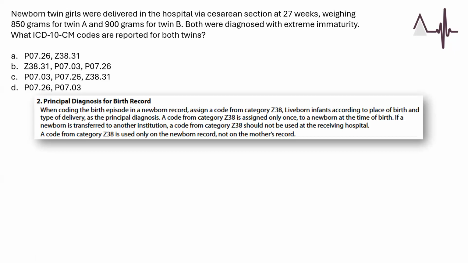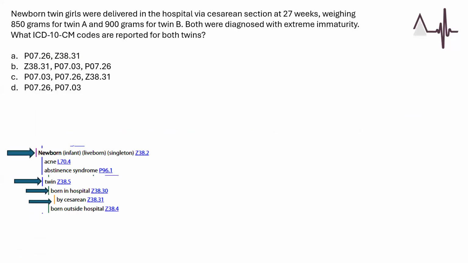A code from this series is assigned only once to a newborn at the time of birth. So this should be the primary code on a newborn's very first claim to insurance carriers. In the alphabetic index, look for newborn, twin, born in a hospital, by cesarean, directing you to code Z38.1.